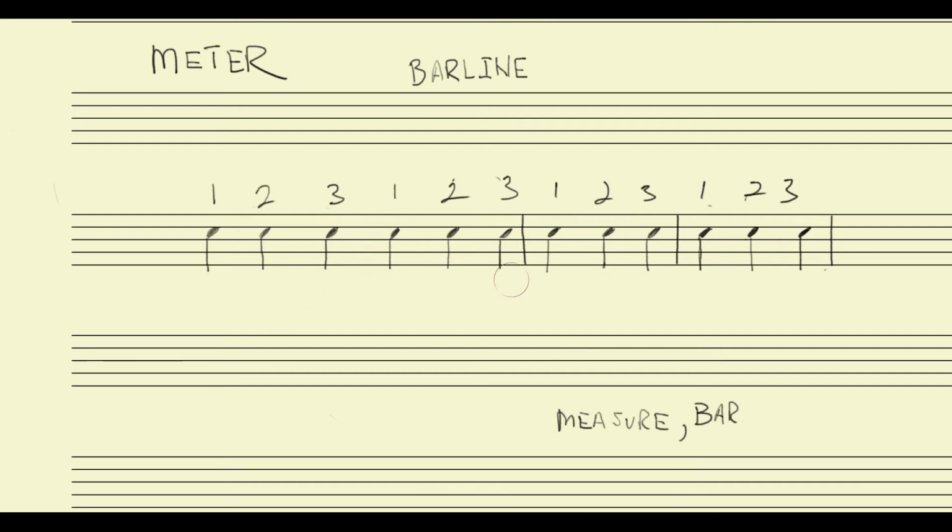If I get rid of these bar lines, and get rid of these numbers up here, now I'm going to do the same thing for groups of 4. 1, 2, 3, 4. Then I'll put a bar line. 1, 2, 3, 4. Then another bar line. And then 1, 2, 3, 4. And then we have this bar line at the end.